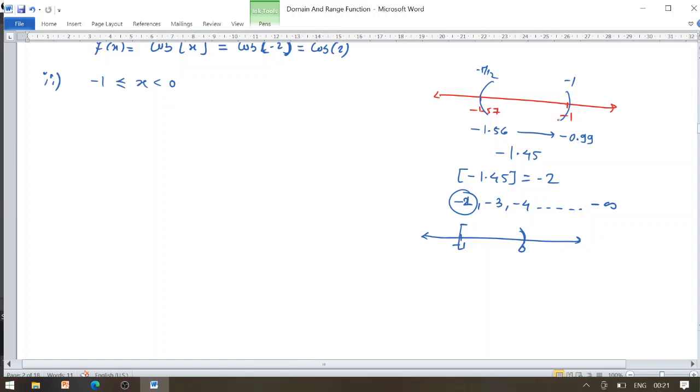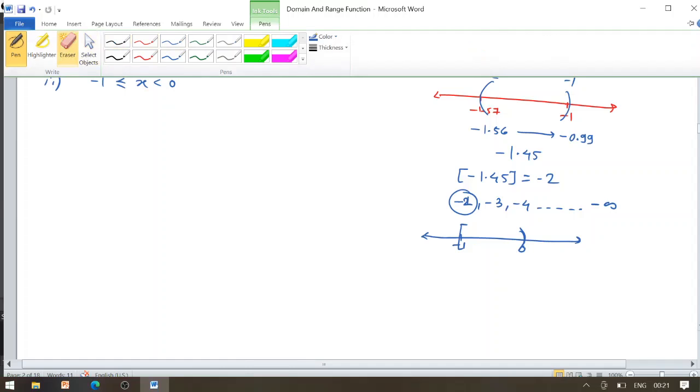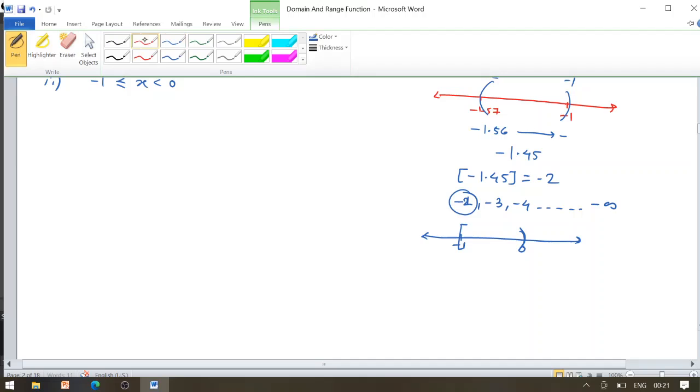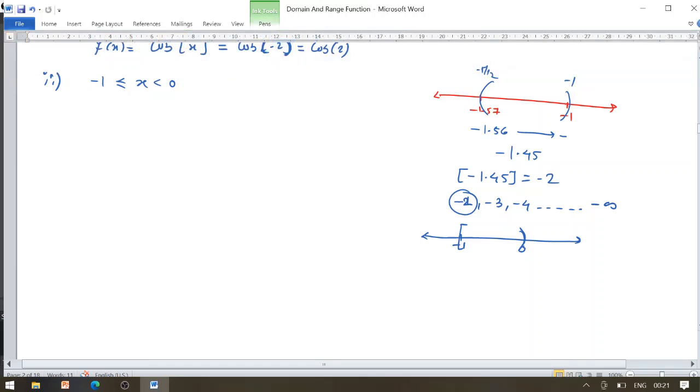Actually here we have to consider the values from minus 1.56 to minus 1.01, let it be.